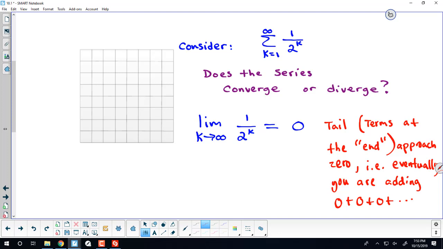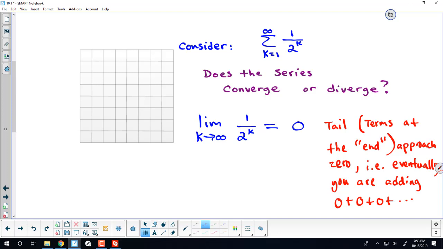But it does say that if we list all these numbers out, like 1 over 2, 1 over 4, whatever, eventually these things will be close to 0. That's all that limit tells us, if we're looking at the list of numbers. Is everyone okay with that?